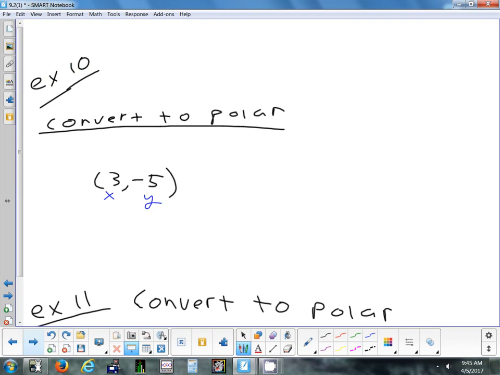All right, so let's start with finding the angle. What quadrant is that point going to be in? 4. Yeah, it's right and down, so it's somewhere in quadrant 4. And what is the formula to find theta if you're in quadrant 4?